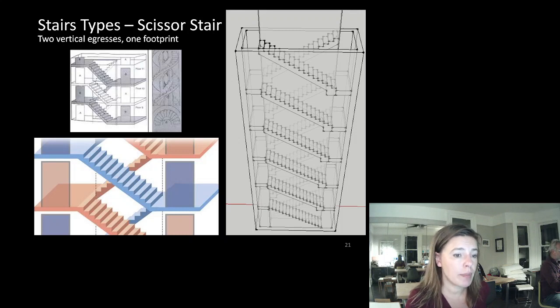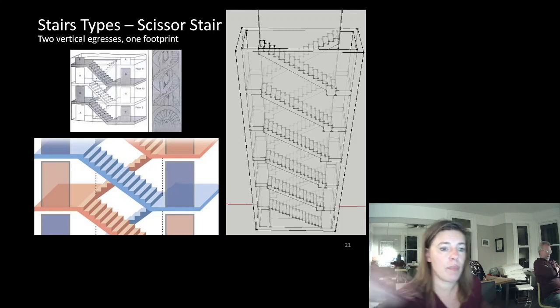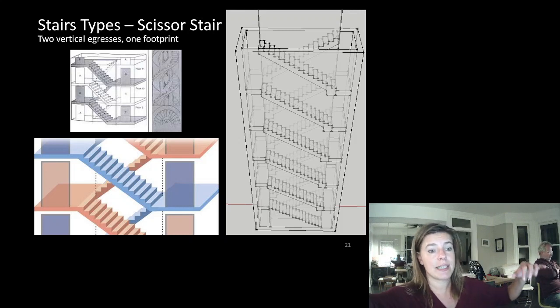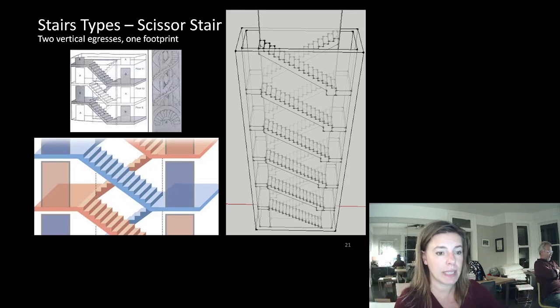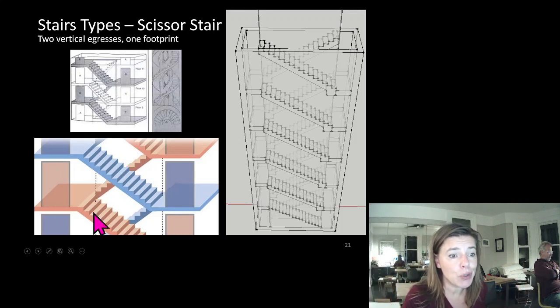The problem is that it might meet all of your criteria for getting people out of the building, but there's usually criteria that you have to be within a certain distance of points within the building. So you might get your two means of egress here, but they might not be far enough away from every point in the building.